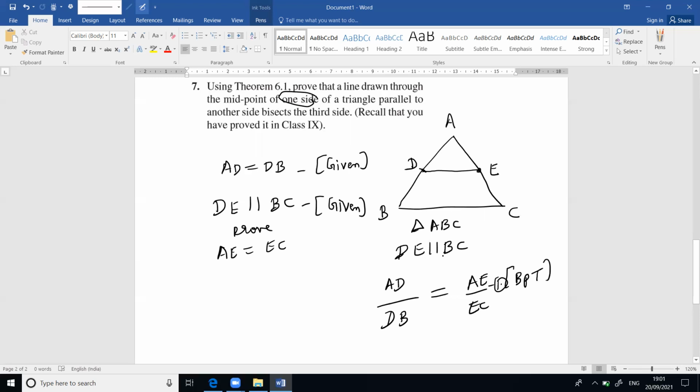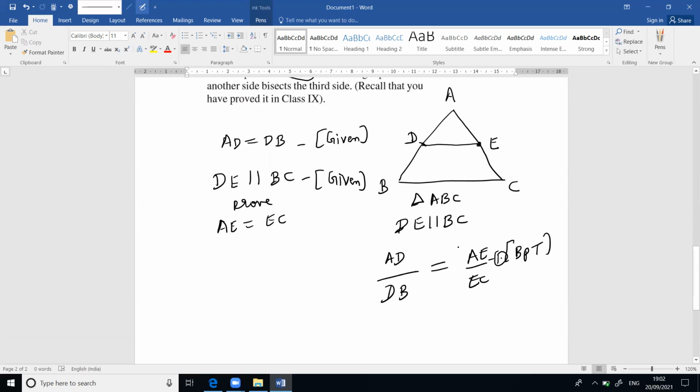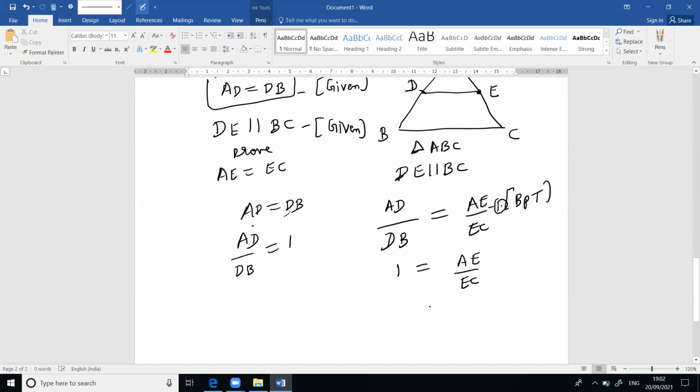Is it clear? Now, you know that D is the midpoint of AB. That means AD is equal to DB. Now, since AD is equal to DB, what is the ratio of AD upon DB? That will be equal to 1. So here you can write down 1 is equal to AE upon EC. Again, you will transpose EC on the left hand side, and AE will be on the right hand side.